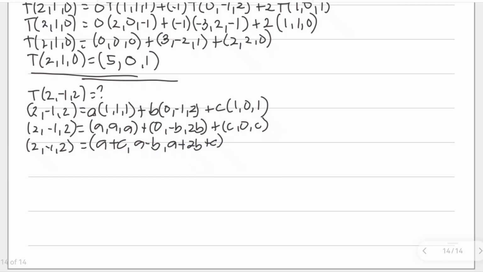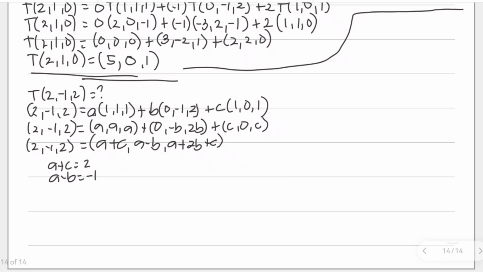Okay, so let me use this portion here for the matrix form. Of course, you have a plus c is 2, a minus b is negative 1, a plus 2b plus c is 2.